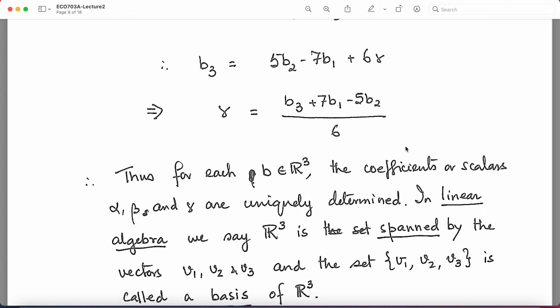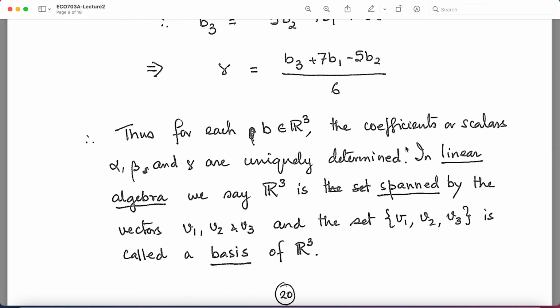In the linear algebra language, we say that R3 is spanned by the vectors V1, V2, V3, and the set V1, V2, V3 is called a basis of R3. That is, if I know these 3 vectors, I can know R3, and once I know anything about these 3 vectors, I know about R3.